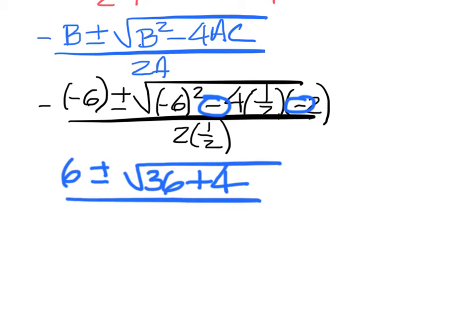And on the bottom, 2 times a half is just 1. So if you simplify under the square root sign, you come up with a 40, and there's no need to put it over 1. It just drops out. Anything over 1 is itself. Alright, so we come up with 6 plus or minus the square root of 40.